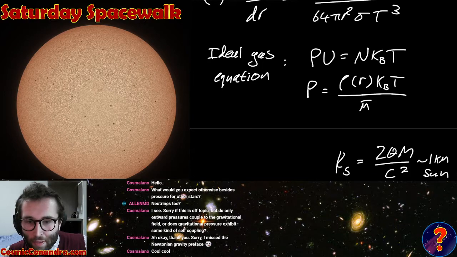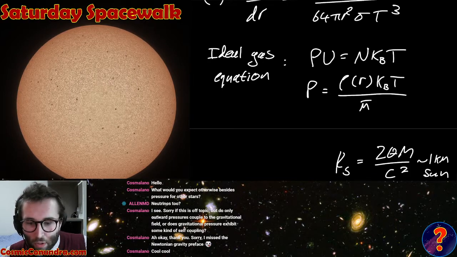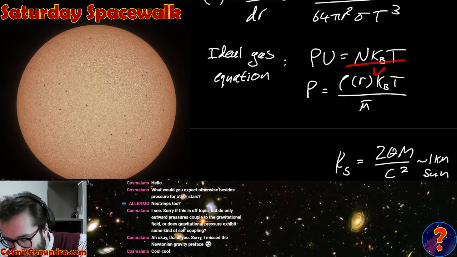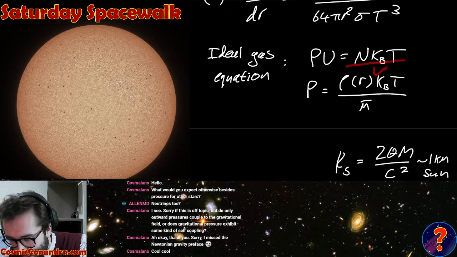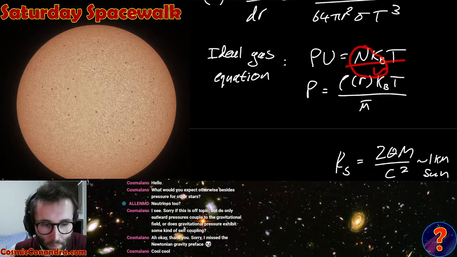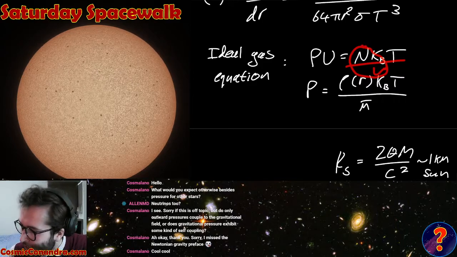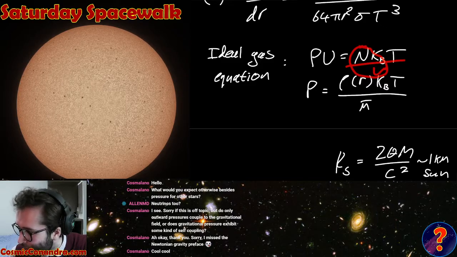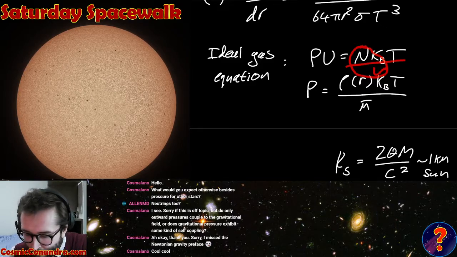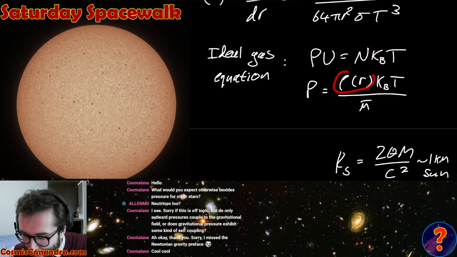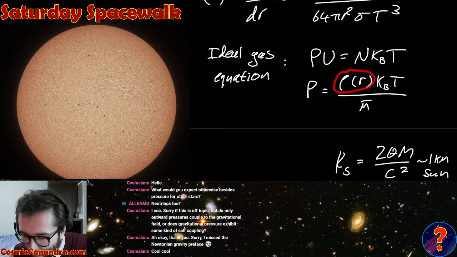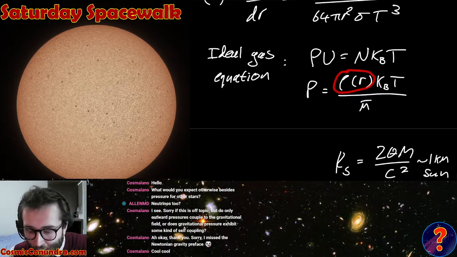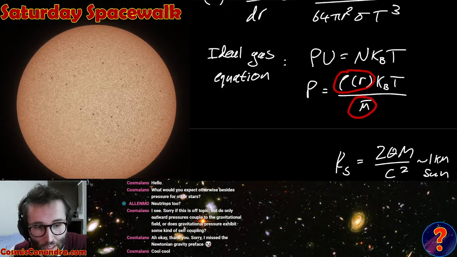And if you think about that, this makes sense. What we're doing is dividing both sides by the volume, and that gives us the number density, N over V. An equivalent way of writing the number density, the number of nuclei inside the sun, is the total amount of mass per unit volume, divided by the average mass of each molecule.